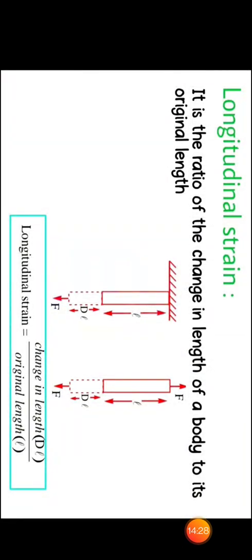The strain produced by a tensile deforming force is called tensile strain, longitudinal strain or linear strain. If small l is the original length and delta L is the change in length due to the deforming force, then tensile strain or longitudinal strain is given by the formula delta L upon L.